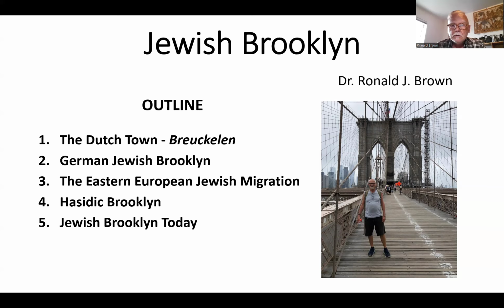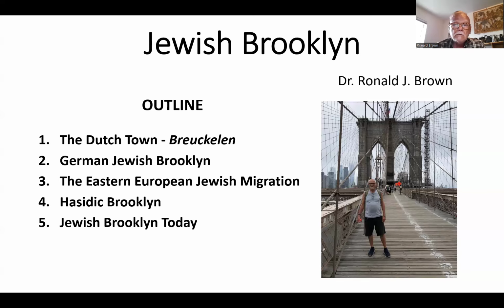Our topic for today is one in the series that I've done on Jewish history. As we all know, every neighborhood of New York has its Jewish community, and each one is very different. We all know about the Lower East Side of Manhattan with the huge Orthodox influx from Russia and Eastern Europe in the late 1800s.